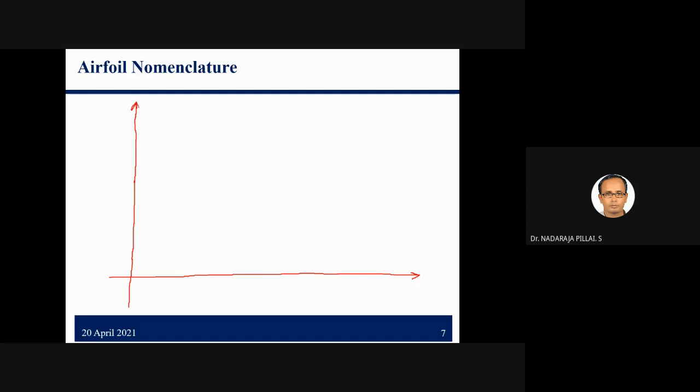So in the lift curve, we have the angle of attack alpha, and on the y-axis, CL. Now, one can draw the lift curve slope. So I will draw like this.